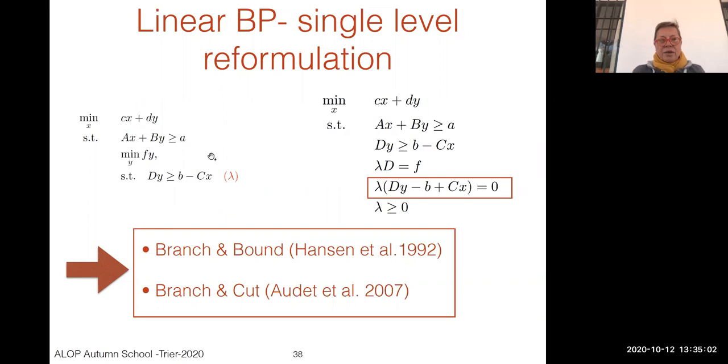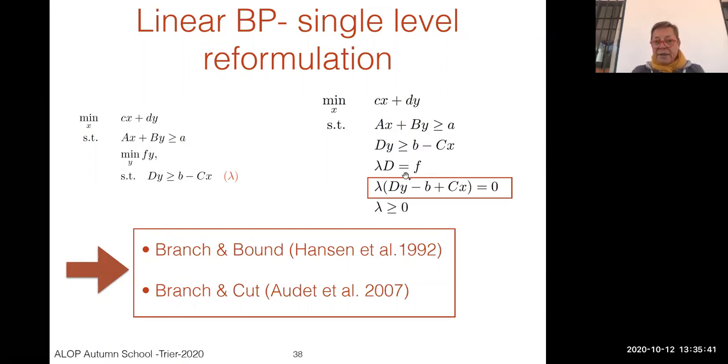Now if I look at the formulation of the dual, I would maximize lambda times (b minus cx), and the constraint in this dual would be that lambda d must be equal to f, because I do not have non-negativity constraints on the y.